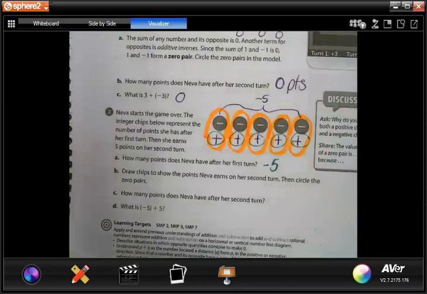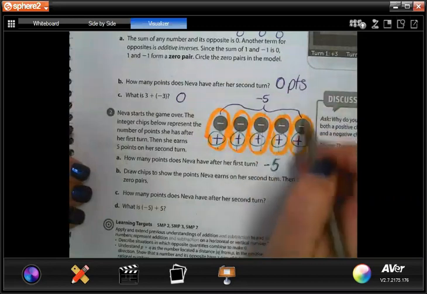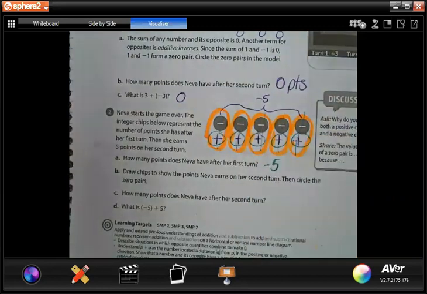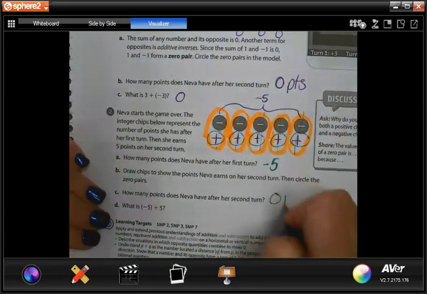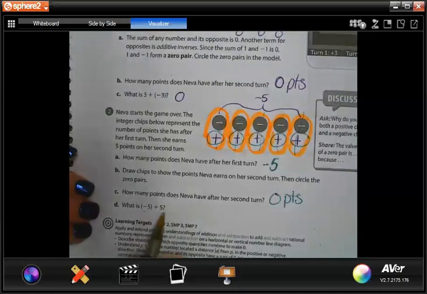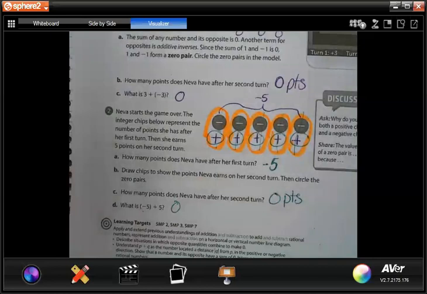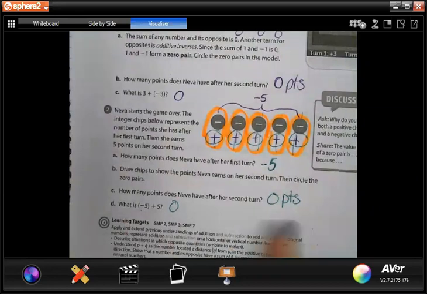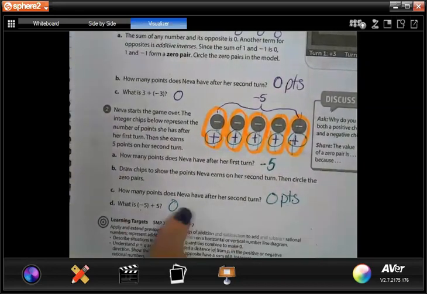Well, if you look at this, this cancels, this cancels, this cancels, this cancels, this cancels. They're all gone. So she has 0 points after her second round. So basically what that means is that -5 plus 5 is 0. And we just talked about that too, because on a number line, if you go up 5 units and then you add -5 units, it goes back to 0.